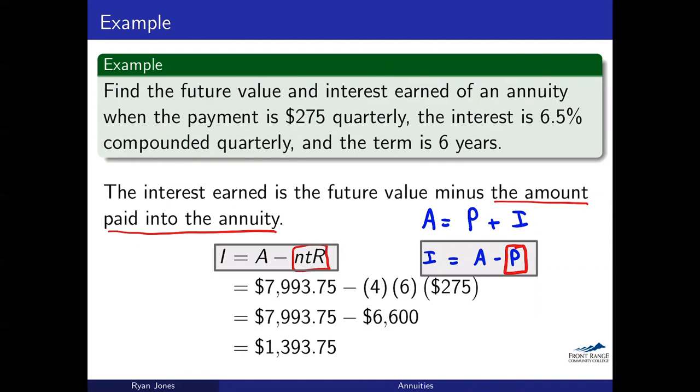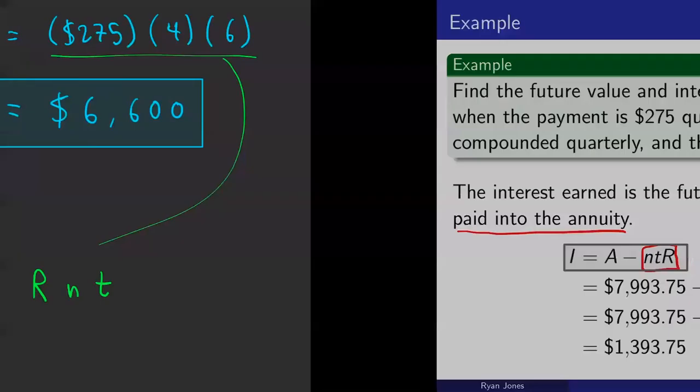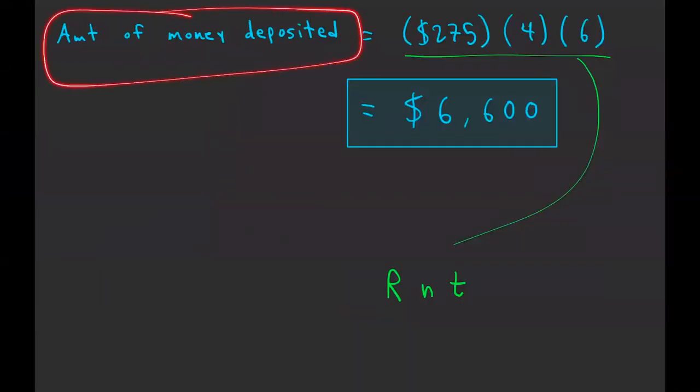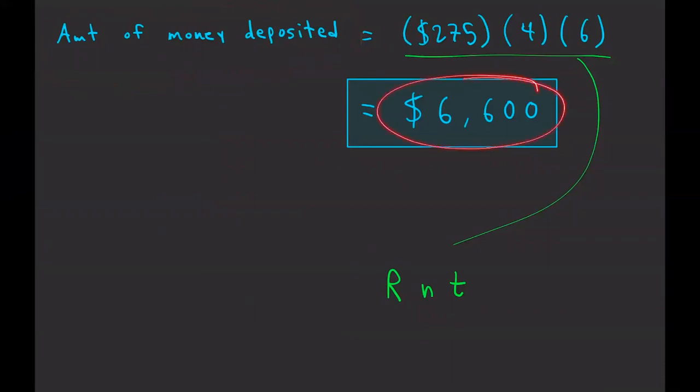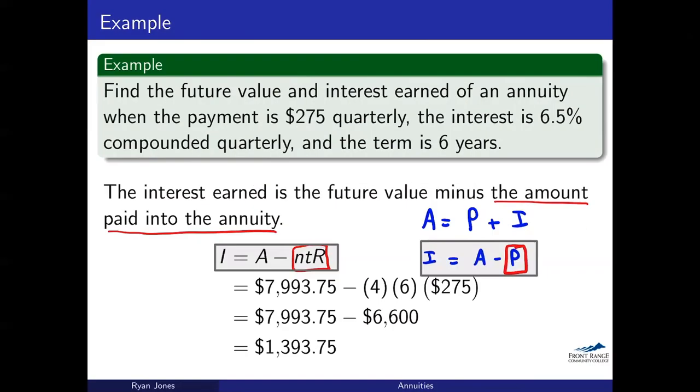Now we're looking at this NTR. This is the amount of money that was paid into the annuity, the amount deposited over the lifetime of the annuity. Obviously, it's not one lump sum of $6,600 in the very beginning, but over time we are paying all of that $6,600 into the account.